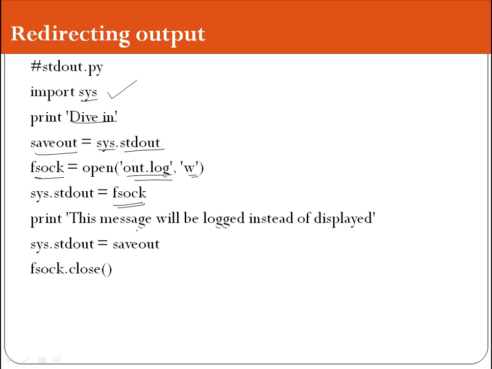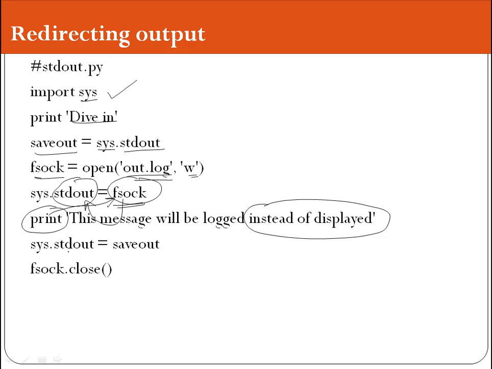So the print message will be logged instead of being displayed, because now you are not displaying onto the screen. What you have done is, now your standard output becomes your file. This file has become your standard output. So whatever you are printing now will go to the file, not onto the display screen.